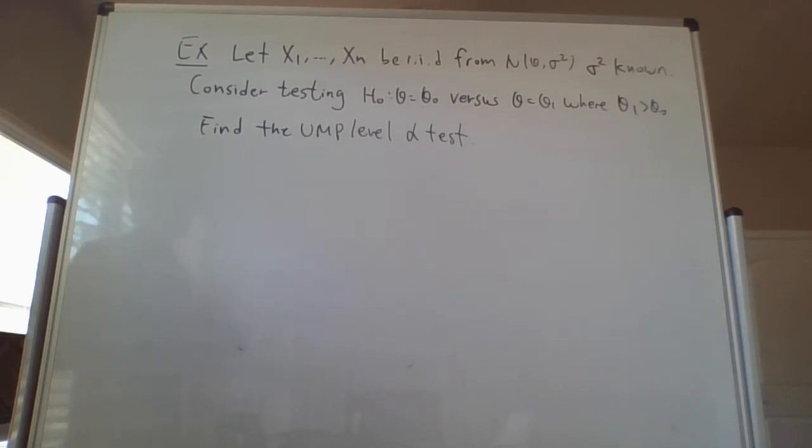And we consider testing under the null theta is equal to theta 0, under the alternative theta is equal to theta 1, where theta 1 is greater than theta 0. And we would like to find the UMP level alpha test.